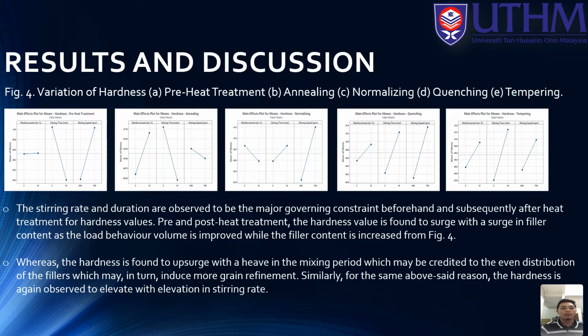Pre and post heat treatment, the hardness value is found to surge with a surge in filler content, as the load-bearing volume is improved while the filler content is increased, from Figure 4, whereas the hardness is found to upsurge with a heave in the mixing period, which may be credited to the even distribution of the filler, which may in turn induce more grain refinement.